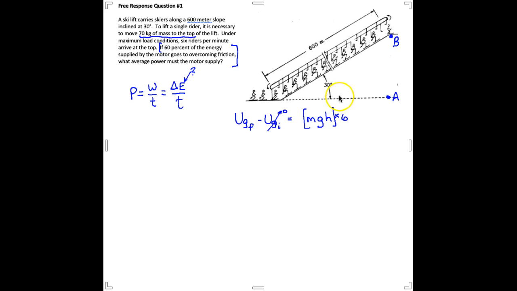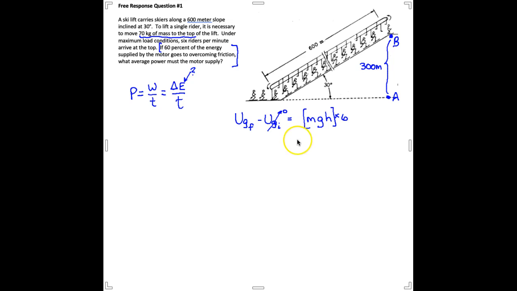The height is something we can figure out using right triangle trigonometry. I have 30 degrees and 600 meters, so it's going to be sine 30 times 600. The height here is 300 meters. Again, I'm just using some right triangle math to figure that out.